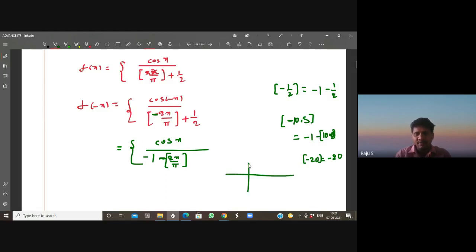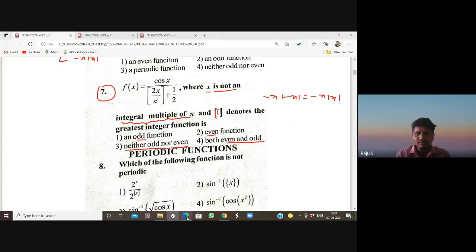If you take the graphical representation, when I take minus 0.5, I need to find the greatest integer of minus 0.5. What does it mean by greatest integer?